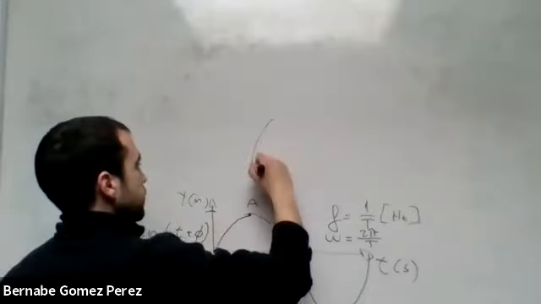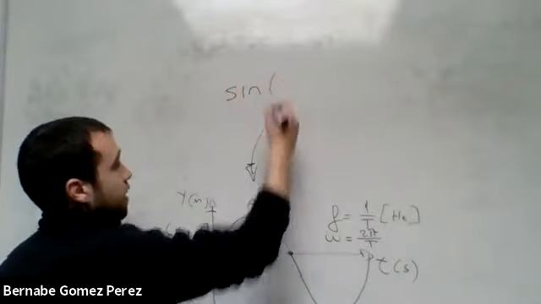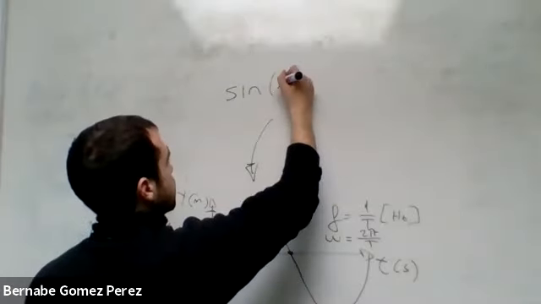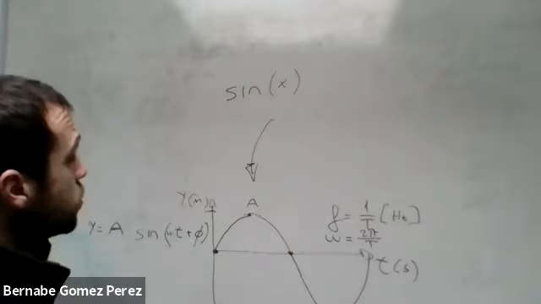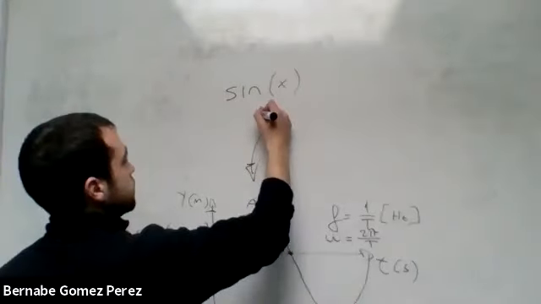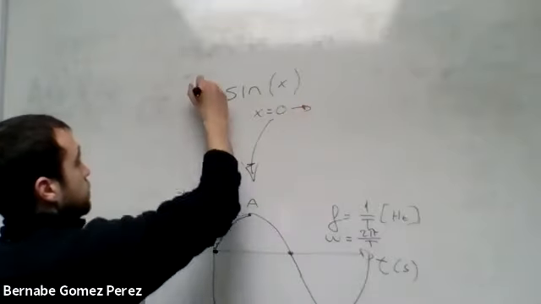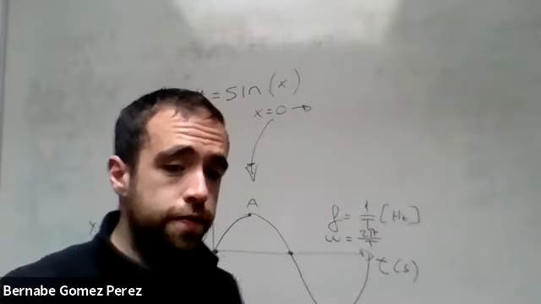So we know that, let's say, the sine of a quantity or a variable, whatever variable, let's call it x. We have the sine of x, okay? So when x is equal to 0, how much is the sine of x? The sine of 0 is 0, right?